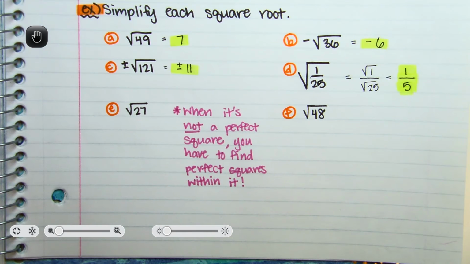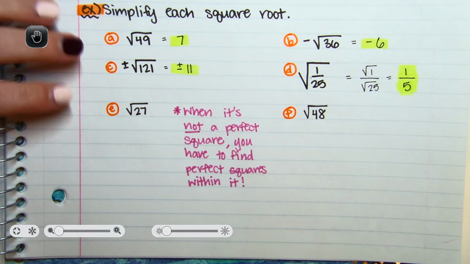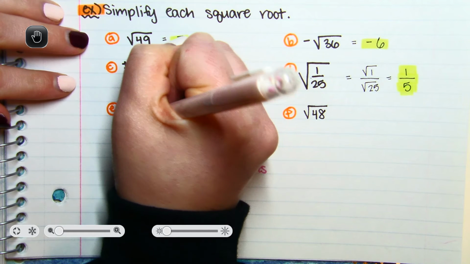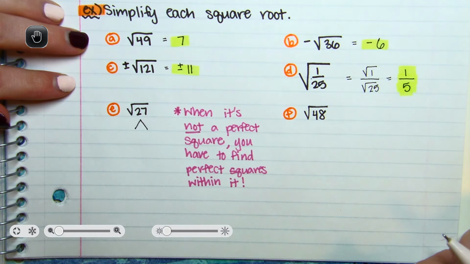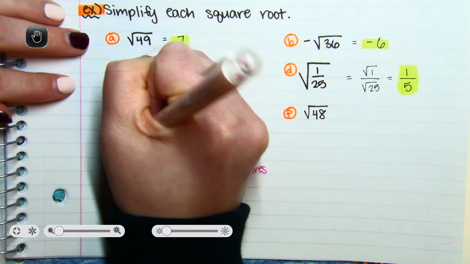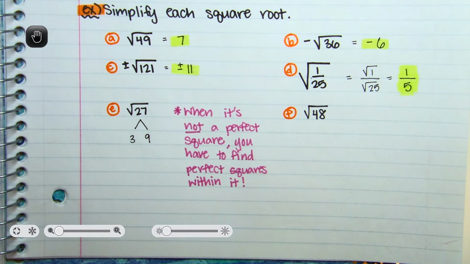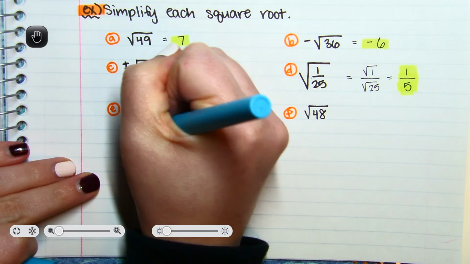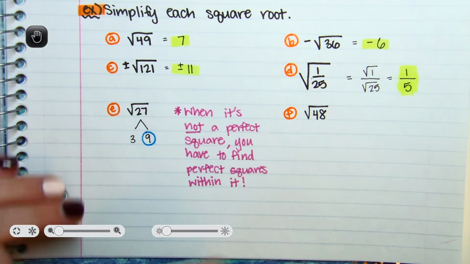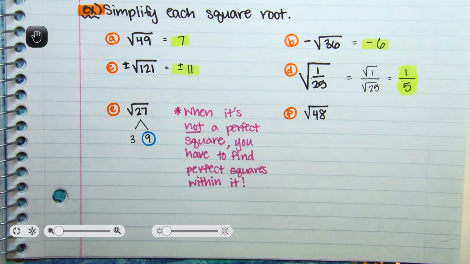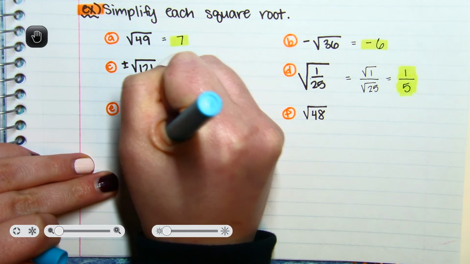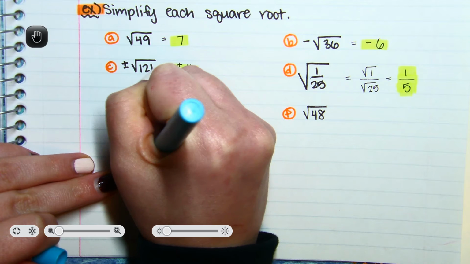So 27 may not be a perfect square, but 27 is equal to 3 times 9. And 9 is a perfect square.